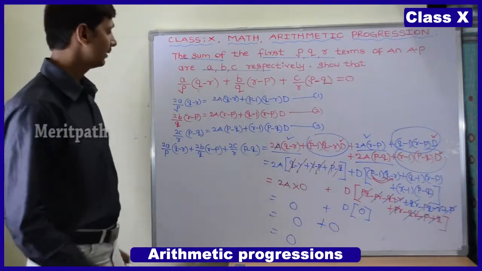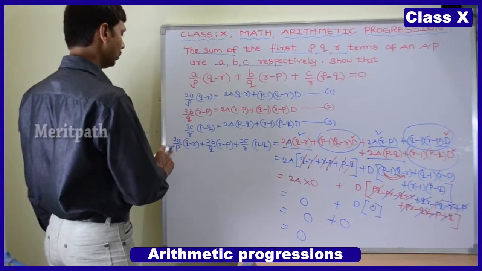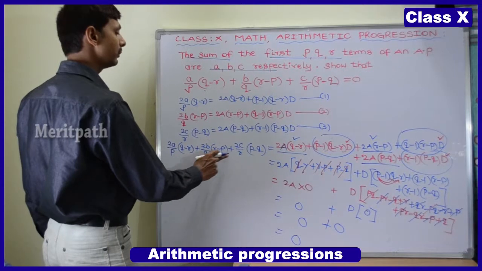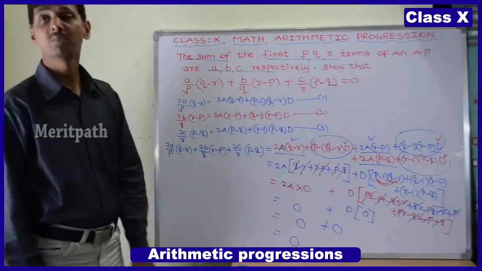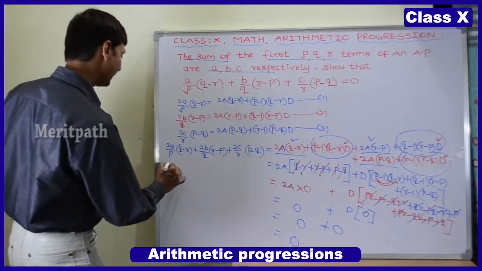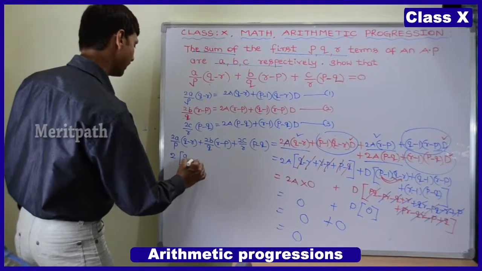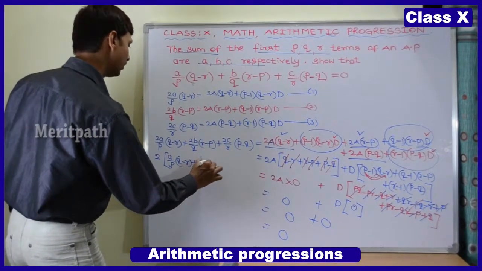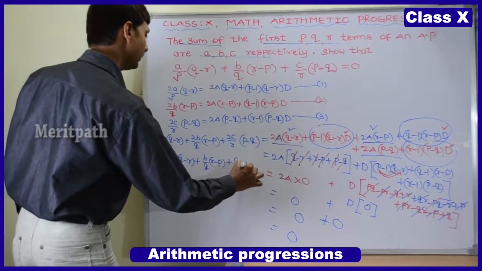Let us simplify the left hand side part, and here we can observe 2a by p into (q minus r) plus 2b by q into (r minus p) plus 2c by r into (p minus q). There is a 2 common in all of these. So when we are taking 2 common, we will be getting a by p into (q minus r) plus b by q into (r minus p) plus c by r into (p minus q).